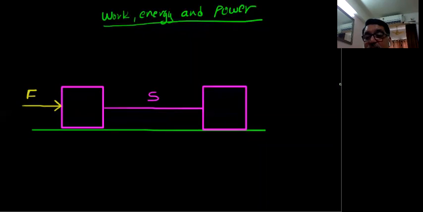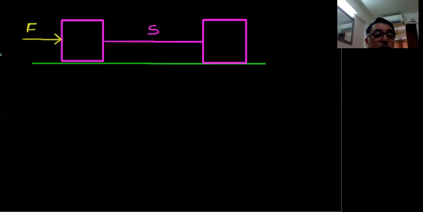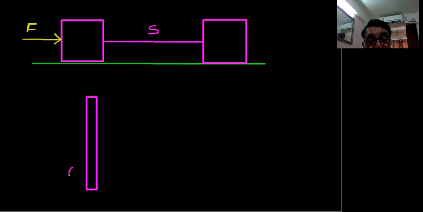Next, for example, let's assume there is a wall and we are applying a force on the wall. Say there is a person who's trying to push the wall. But of course, this is a wall, a rigid body, it does not move.